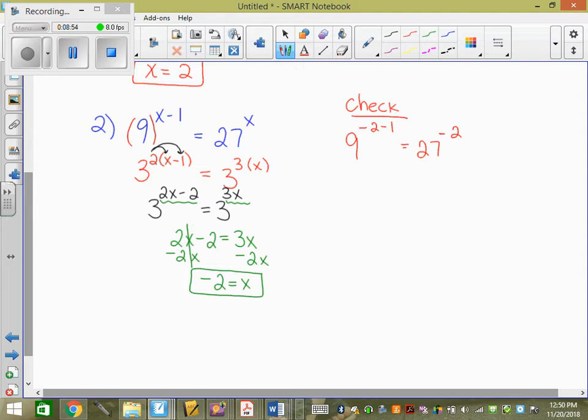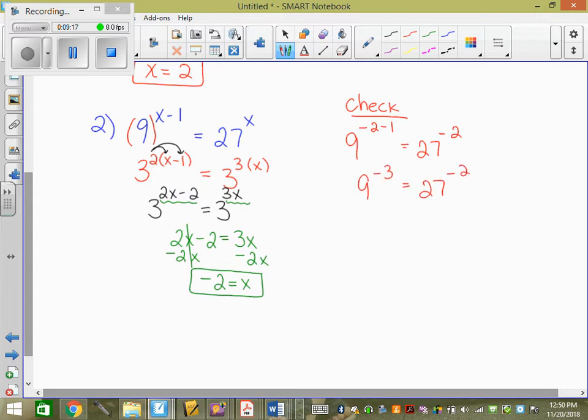And 9 to the negative 3, I think, is 1 over 729. Yeah? No? Could be totally wrong. Yeah, but what is it? It's 9 cubed on the bottom. So when you have negative exponents, that's the same as going like this. 9 to the negative 3 equals 27 to the negative 2.